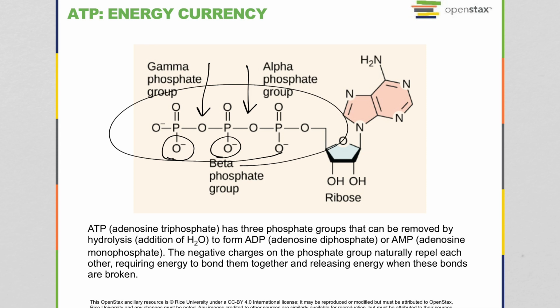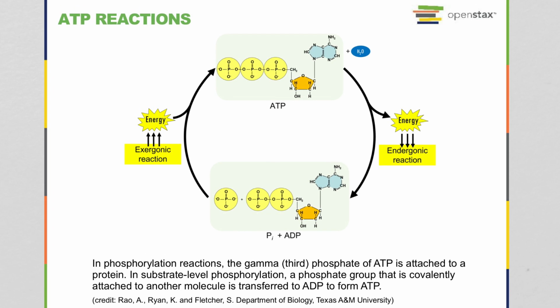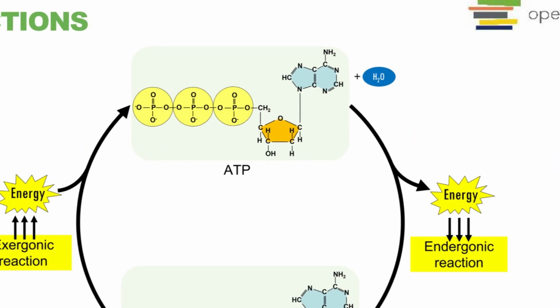So this entire cycle, when we say that we're using or making ATP, it really is as simple as breaking off and then reattaching that third phosphate, right? ATP is adenosine triphosphate. The tri is telling you that there are 3 of them, and these are high energy bonds. So that just means if you break them, the energy is going to be released, right?